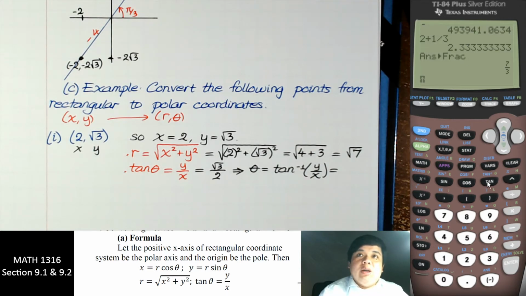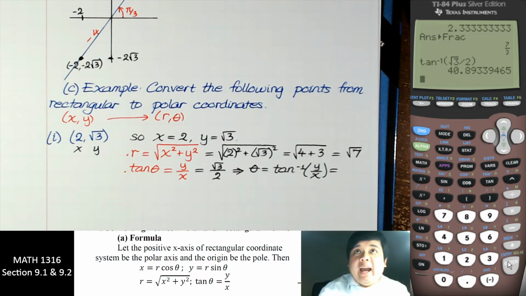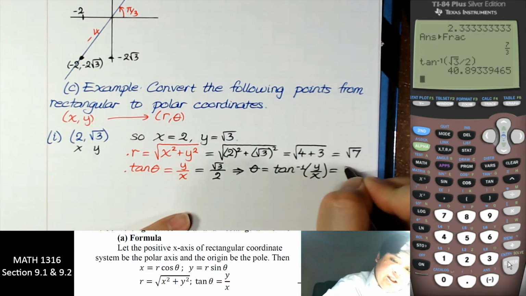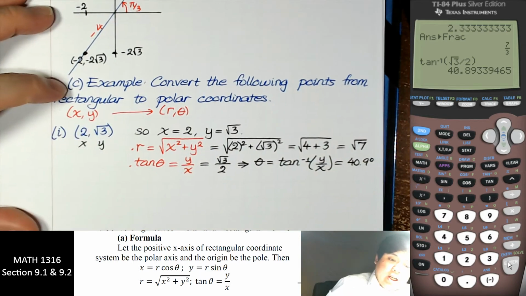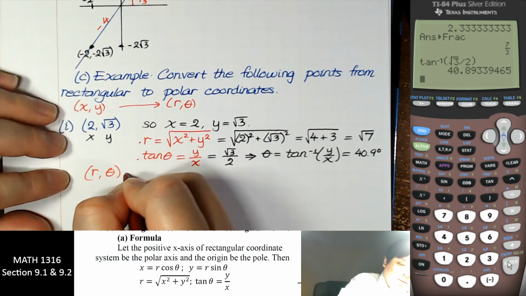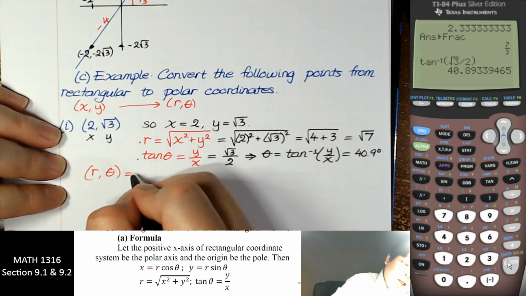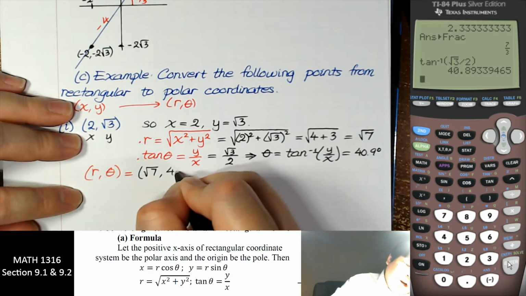It's already in degree mode. Tangent inverse of square root of 3 divided by 2. We have 40.89, so let's say 40.9 degrees. So in this case, what we have is r and theta, the point in polar coordinates. r equal to square root of 7, and then the angle is 40.9 degrees.